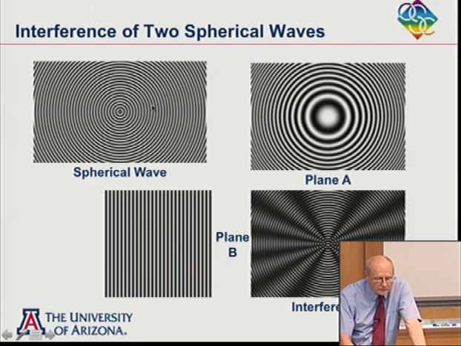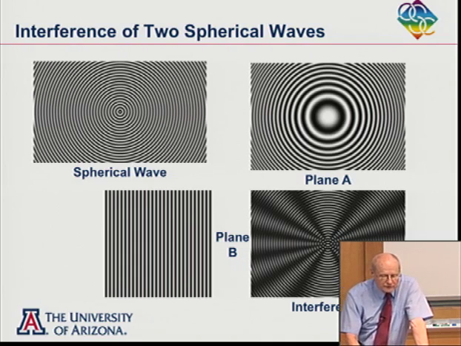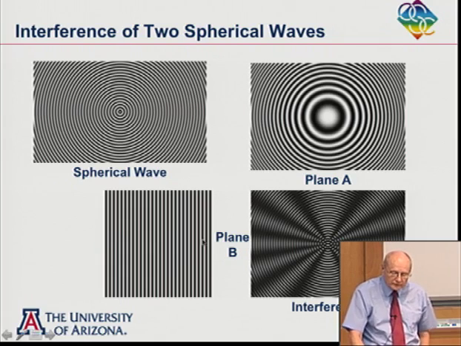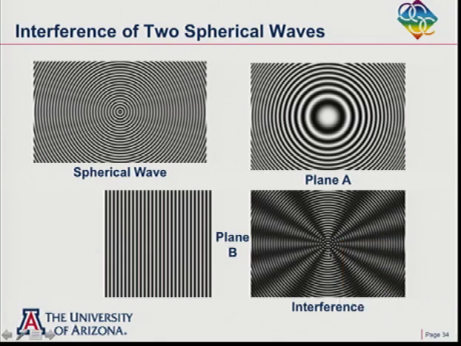Now what I'm going to do, I'm going to interfere, that's not my plane wave, that's my spherical wave, excuse me. I'm going to interfere this spherical wave with itself, but translate it a little bit from one another. And so here I have 2 point sources. So these are the 2 spherical waves.